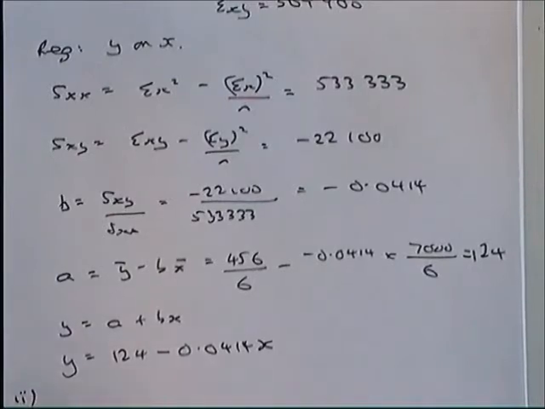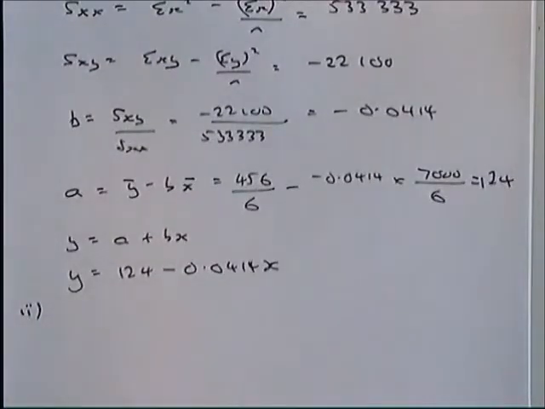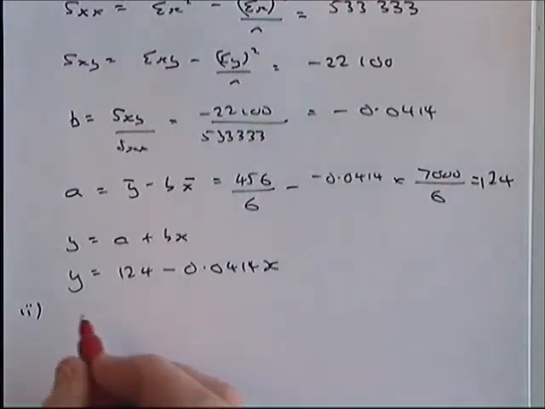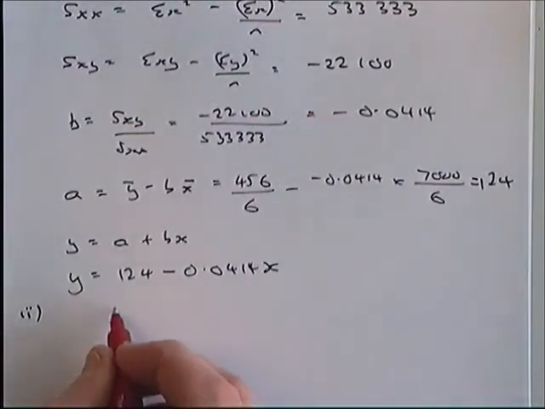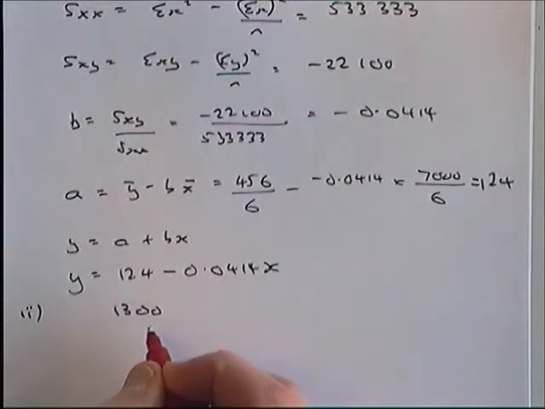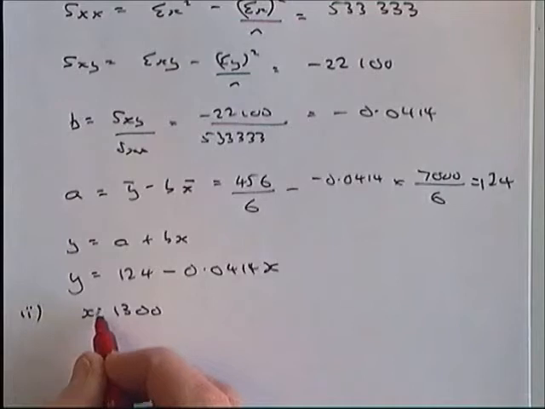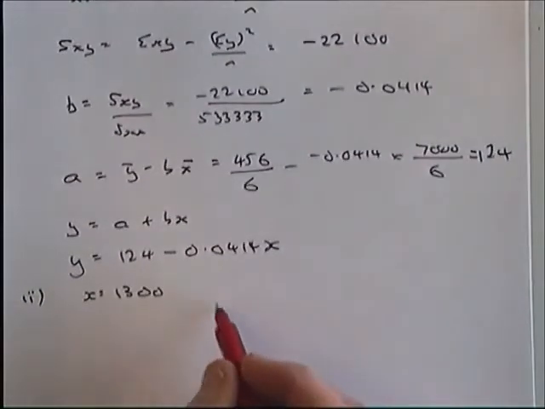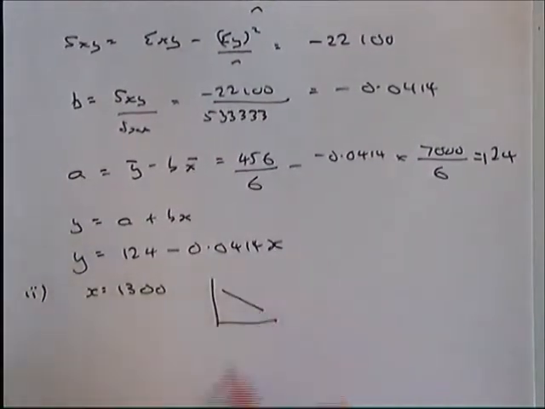Part 2 of the question is asking us to use a regression line that's given to us on the question paper, and they're telling us that the GDP for Tanzania is $1,300, and it tells us at the top of the question that GDP is the x variable. So we've got a graph given to us on the question paper.